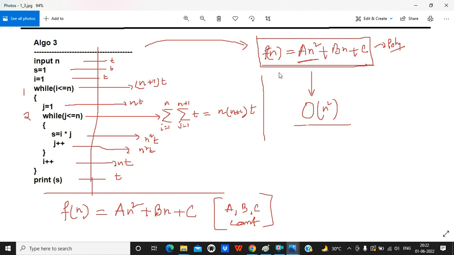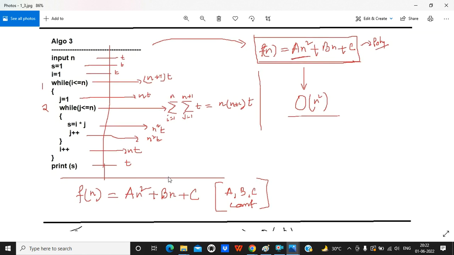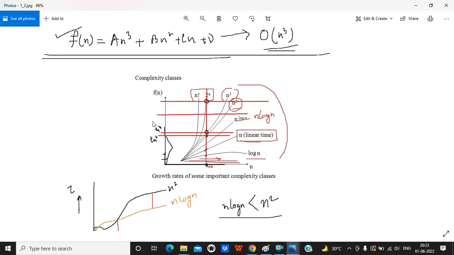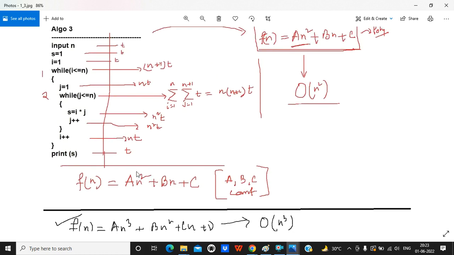Again, how we derive that function from this algorithm, we have done it in the last class.